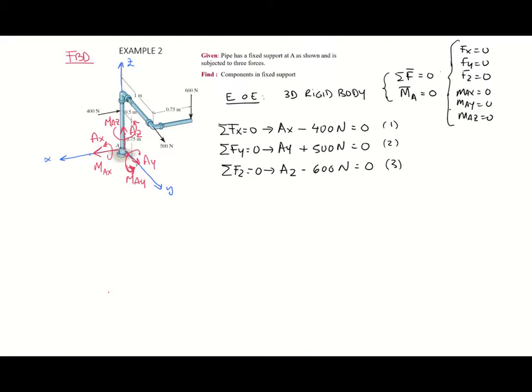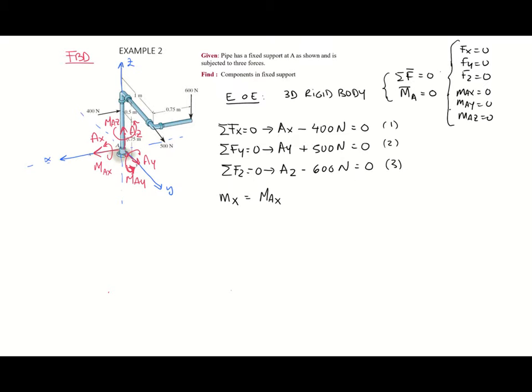We can take moment with respect to an axis. So if we take a moment with respect to an axis, it will be the axis X, axis Y, and axis Z. So we take the moment with respect to X. We can use any point of X, and then we see which forces create moment with respect to X. First of all, we have to put the moment that is applied right at the fixed support, and then we see which forces create moment.